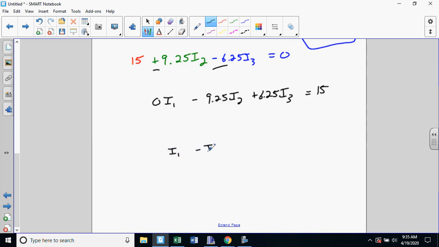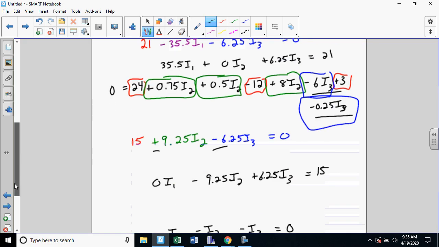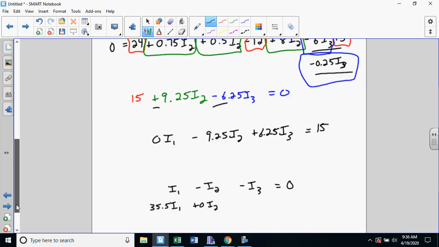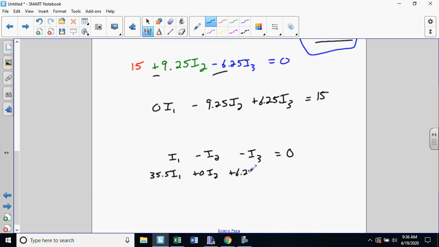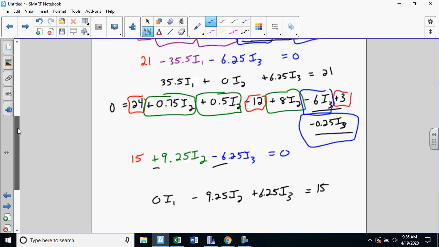I1 minus I2 minus I3 is equal to 0. That's from the junction rule. I've got this guy, which is 35.5 I1 from the first loop that I did, plus 0 I2 and plus 6.25 I3 is equal to 21.